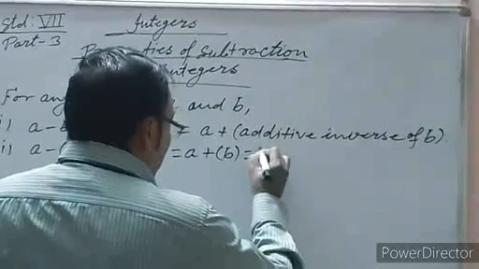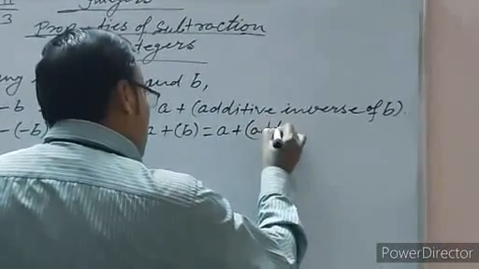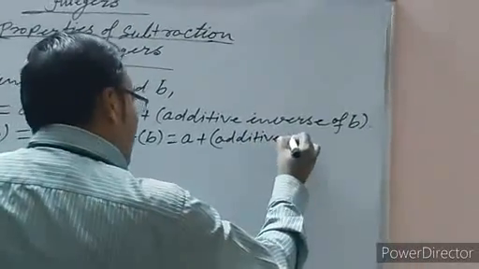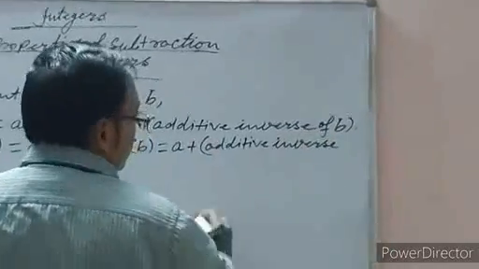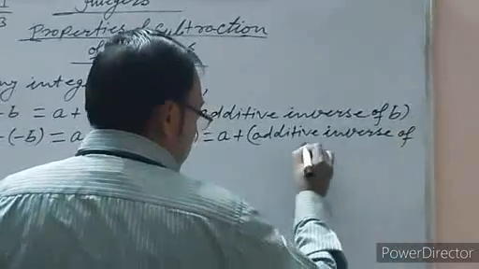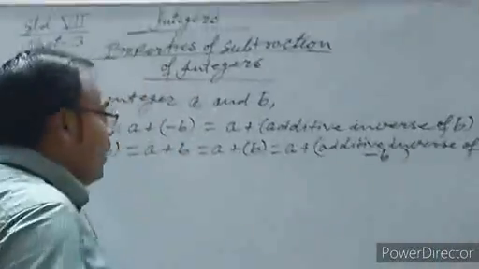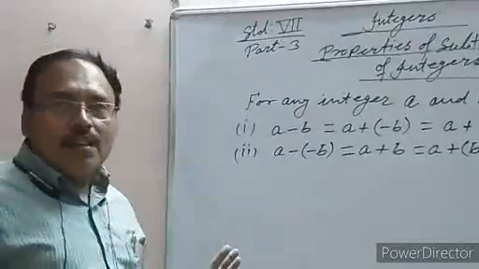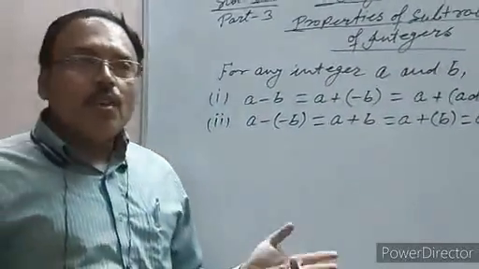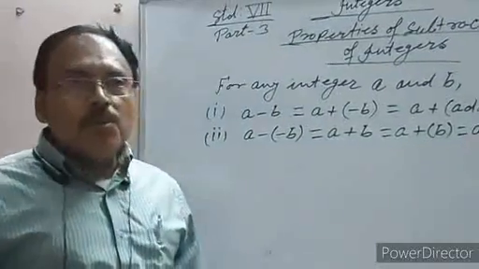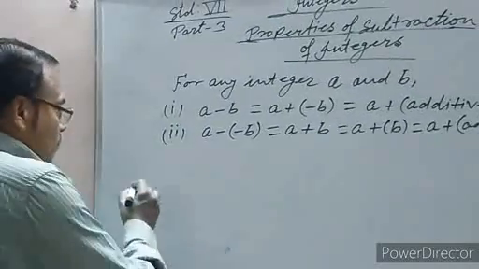We can write here A plus additive inverse of minus B, right? So this is subtraction. In subtraction, we add the additive inverse of that number which we have to subtract, right?